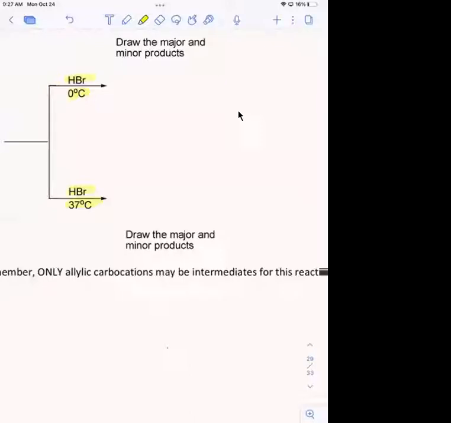Right, so the one on the top is a lower temperature, so it's going to be kinetic, and so it will produce the least stable. Yes, in theory. But I thought in the test, in theory, but then how would I know the product is actually going to be major if it reverts?